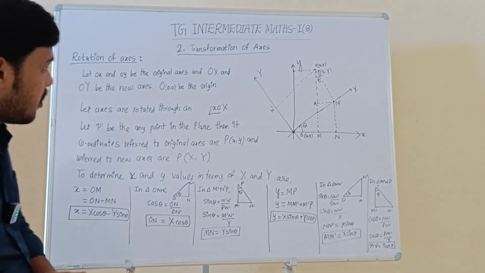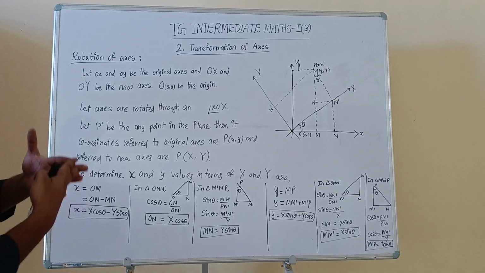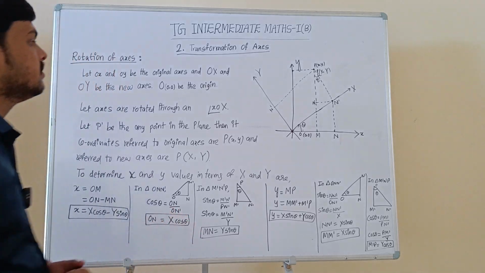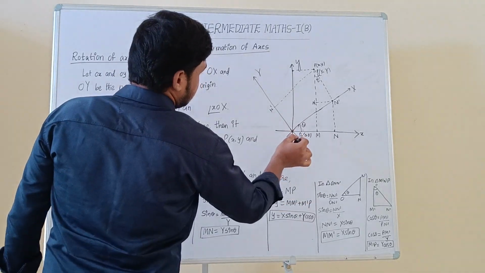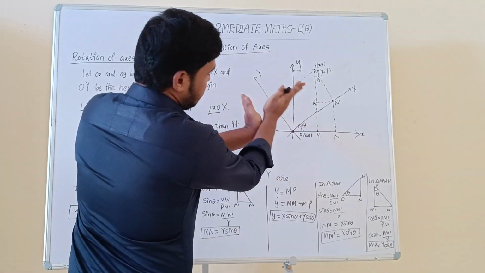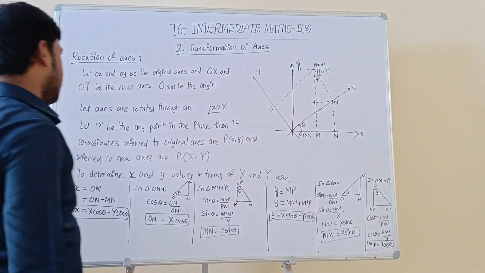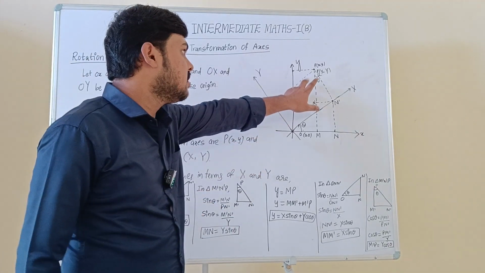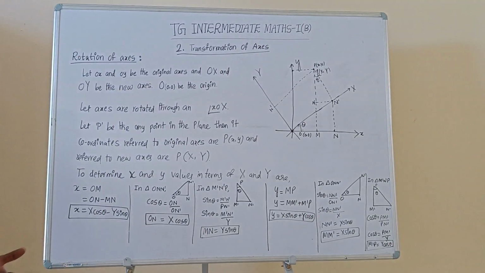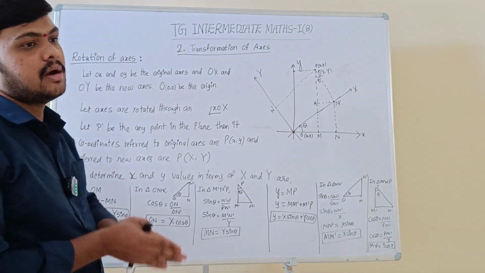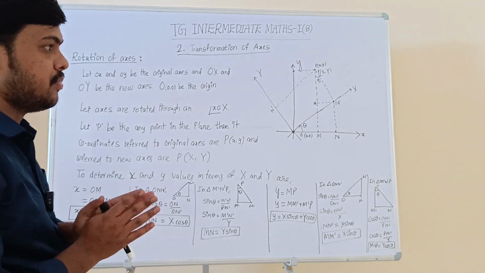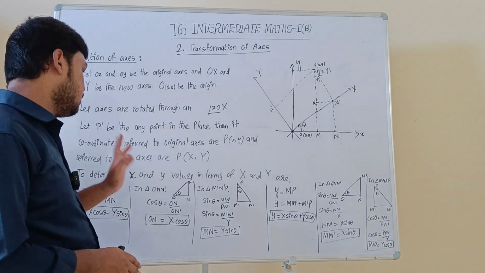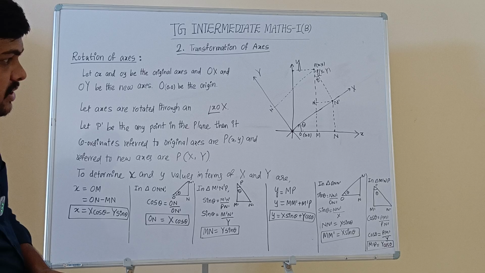O is your origin (0, 0), and when the axes are rotated through an angle theta, we consider a point P(x, y), which is your original point, and P(X, Y) is the same point in the new axes.